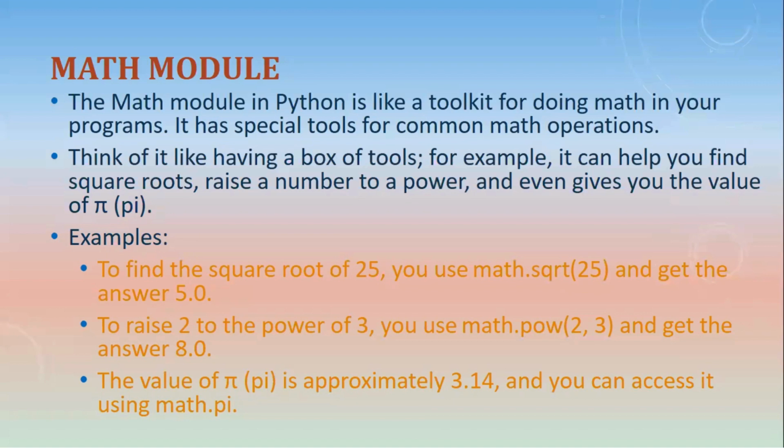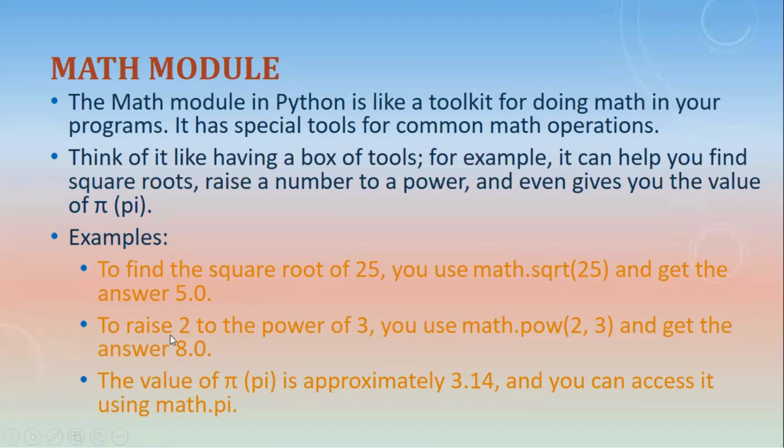So you can use the math module to have these values and functions in your program. For example, to find the square root of 25, we have already seen this, you can use math dot square root. In the bracket, you can put the value of whatever number you want to find the square root of, and get the answer.